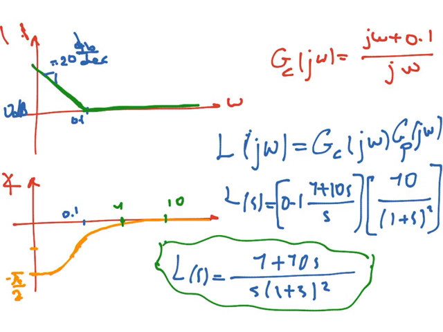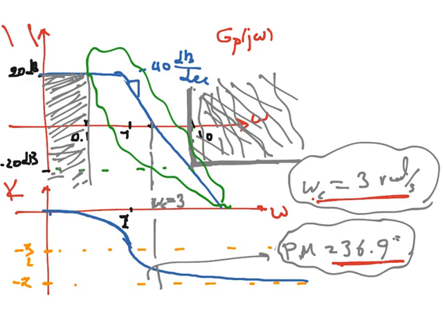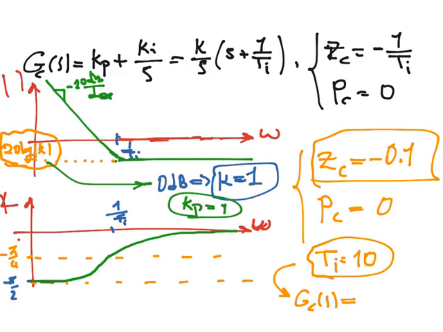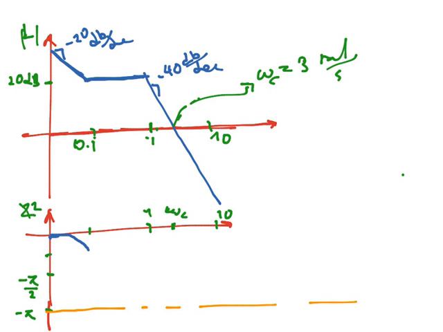Let me just double check. So we have minus π/2 at the beginning: minus π/2 for the compensator and 0 degrees for the process itself. So if we combine them with each other, we will get minus π/2. So we should start from minus π/2, not from 0. Sorry for this. Okay.